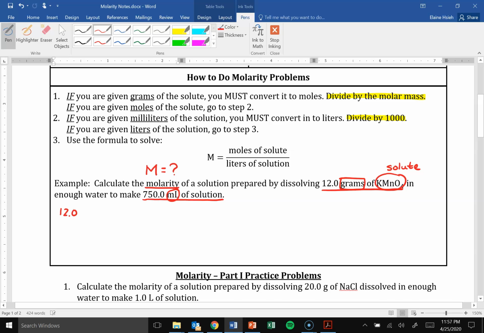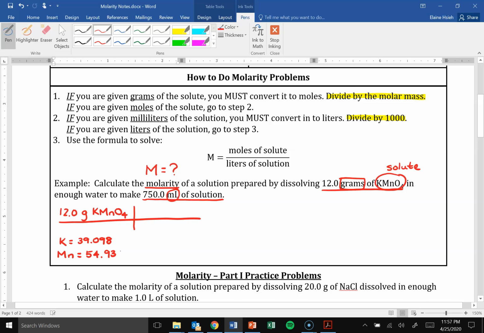12.0 grams KMnO4. And I'm going to need the GFM of KMnO4 to convert. And I'm going to do that real quick down here. So I have 1 K, and K has a mass of 39.098. I have Mn, and Mn has a mass of 54.938.